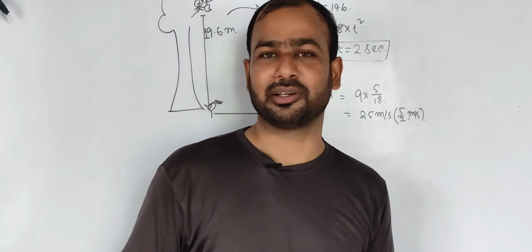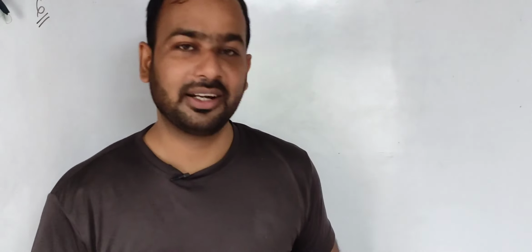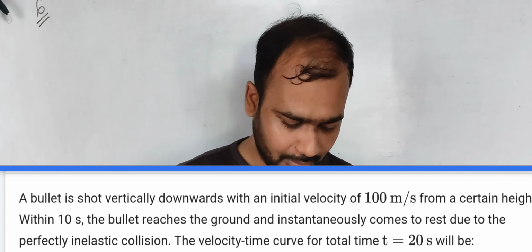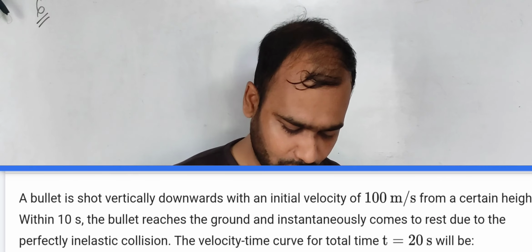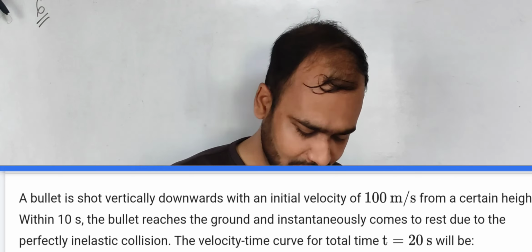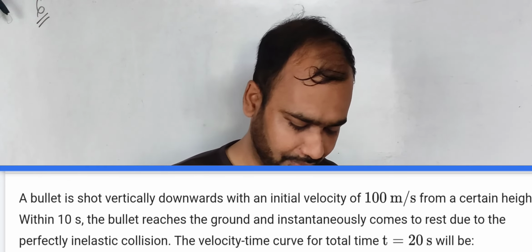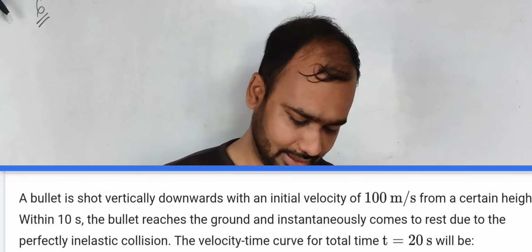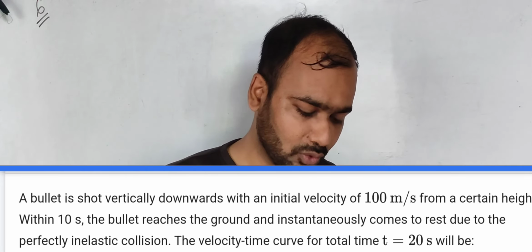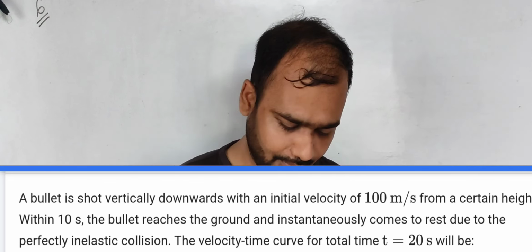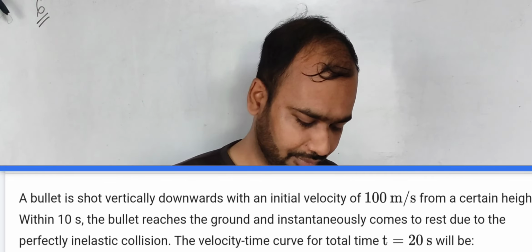Very simple question. So question number 6: a bullet is shot vertically downwards with an initial velocity 100 meter per second from a certain height. Within 10 seconds, the bullet comes to rest due to perfectly inelastic collision.